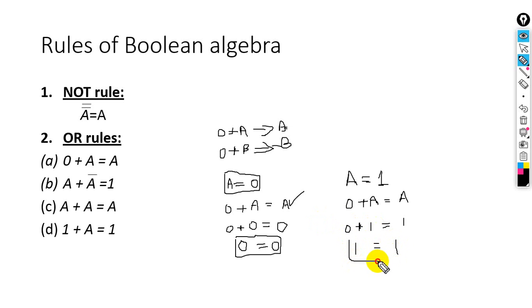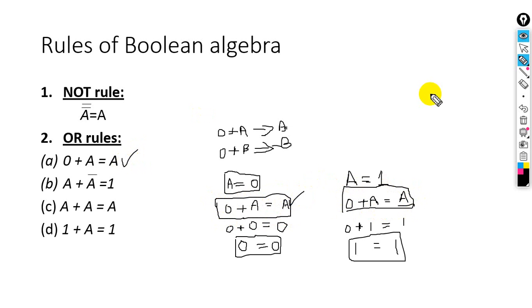So hence we prove that 0 OR a is equal to a. We proved this in both cases, a is equal to 1 and a is equal to 0, so this equation is correct.